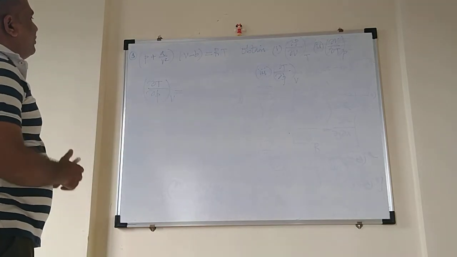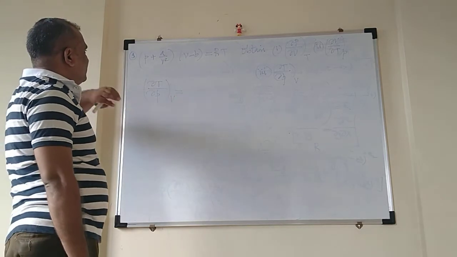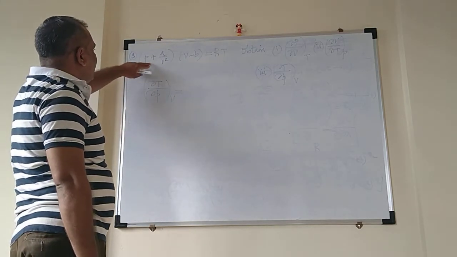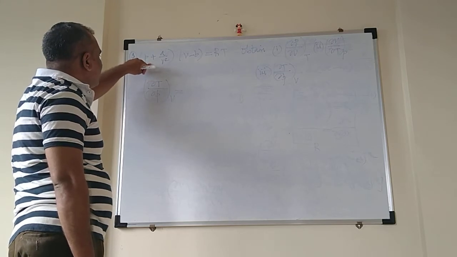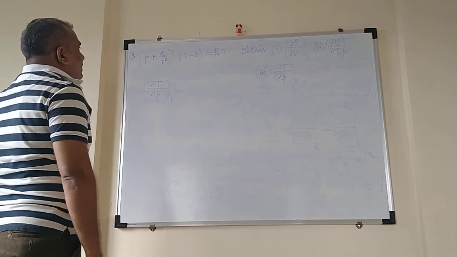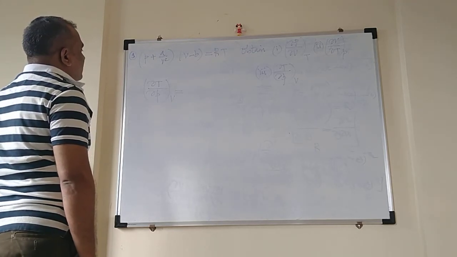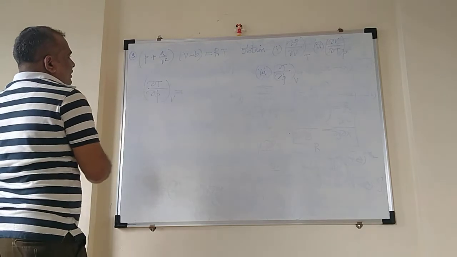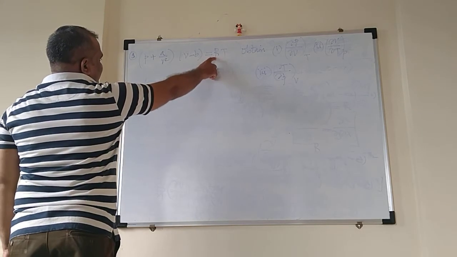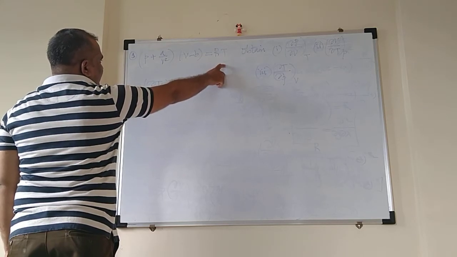Fine. If the volume is acting as a constant and you have to differentiate this with respect to t, so this will be equal to r, because differentiation of t with respect to p will be dou t by dou p at constant volume.